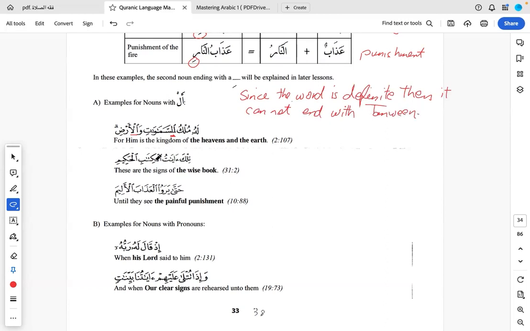Again, تلك آيات الكتاب الحكيم. حتى يروا العذاب الأليم. In these examples, we have alif lam at the beginning, and it ends with one haraka. Alif lam, again one haraka, alif lam, and at the end one haraka.